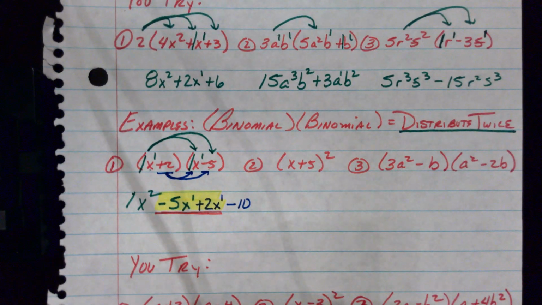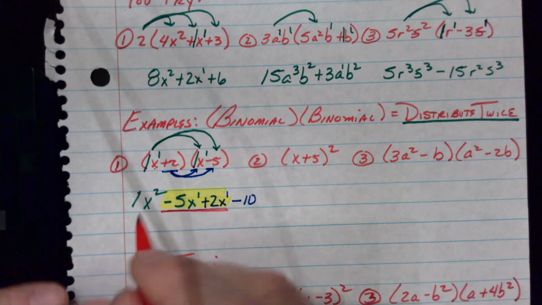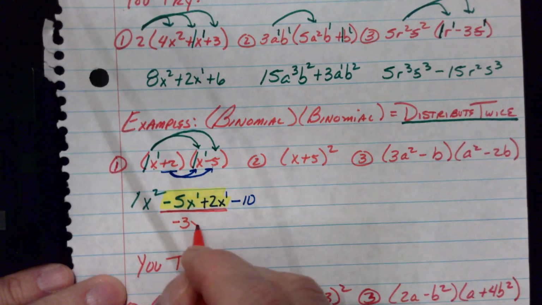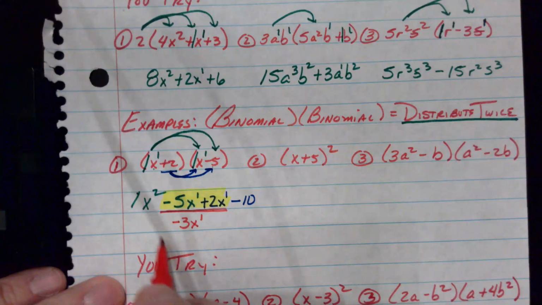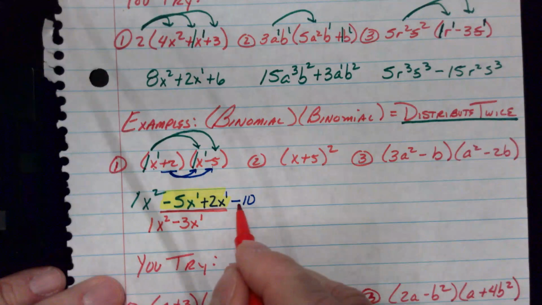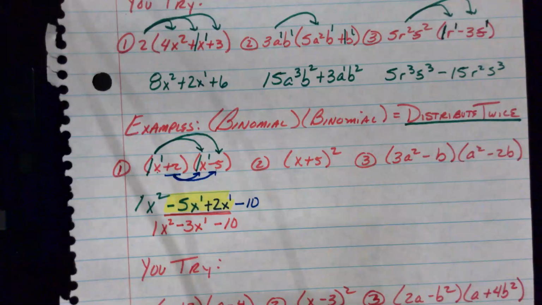Also, you'll notice that the first term is x to the second degree, which is a higher power of these two. Putting these two together, I get negative 3x to the first. This being a higher power of x remains out in front. This being x to the 0 power becomes the last term. Okay? So not much to that, but a little trick of the trade.